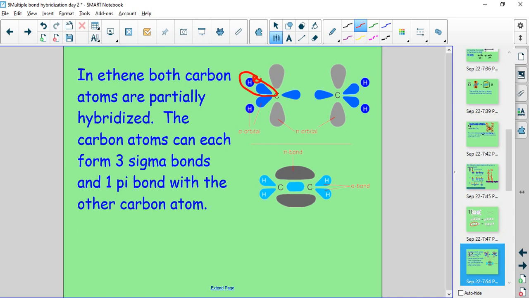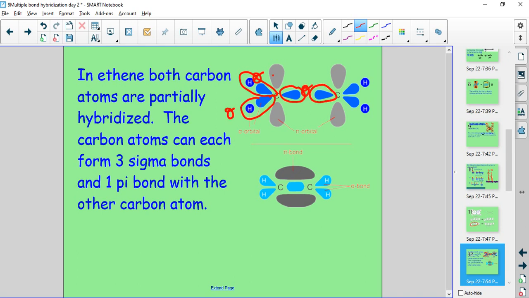That's 1 sigma. You have another one here, same thing. Your s electron from hydrogen colliding with your hybridized sp2. That's creating another sigma bond. Then you have another sp2 in this carbon, another sp2 in this carbon. That will create another sigma bond.